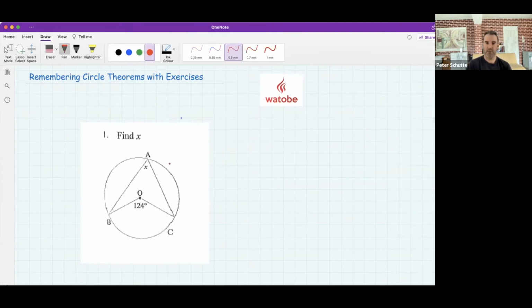Okay, so X is going to be equal to 62 degrees. And the reason is angle at center equals twice angle at circumference. That's the reason.